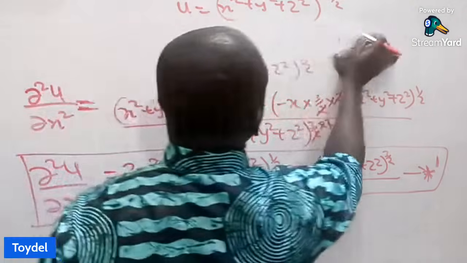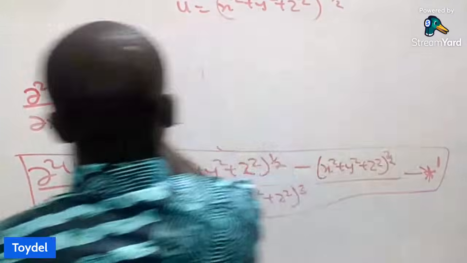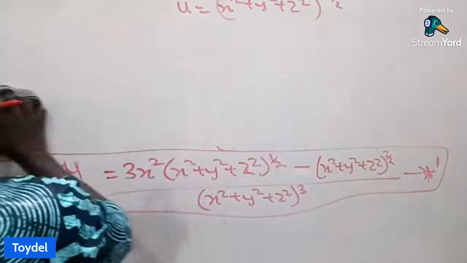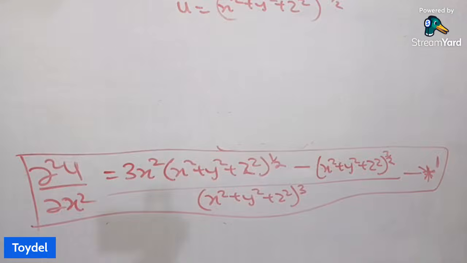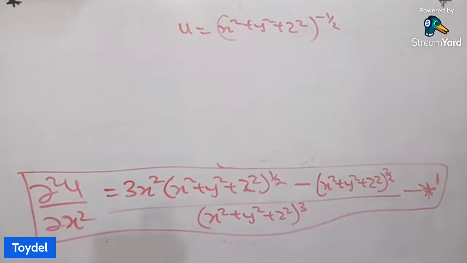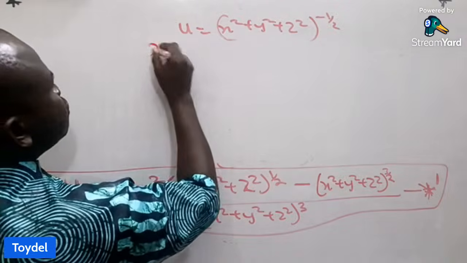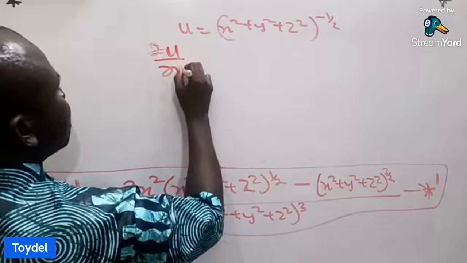We have gotten ∂²u/∂x². We want to do ∂²u/∂y² now. So let me start with ∂u/∂y.